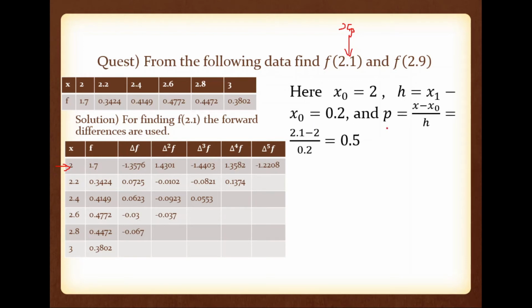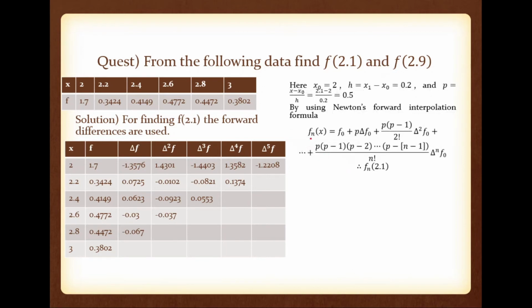So p is equal to xp minus x0 divided by h, that is equal to 2.1 minus 2 divided by 0.2 equal to 0.5. So this is p. Now what is Newton's finite forward difference extrapolation formula?